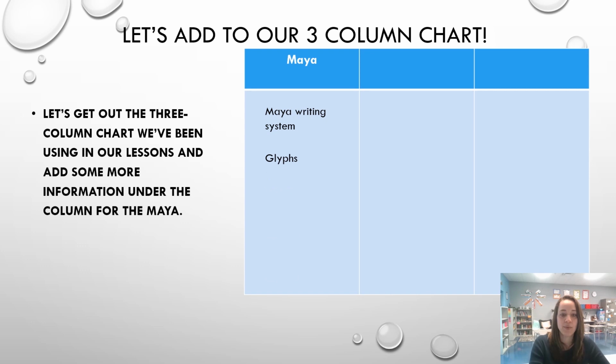Next, we will add glyphs. That was the Maya's writing system. Then we will add carved symbols for writing. That's what glyphs are.